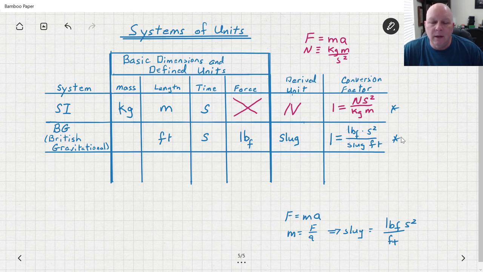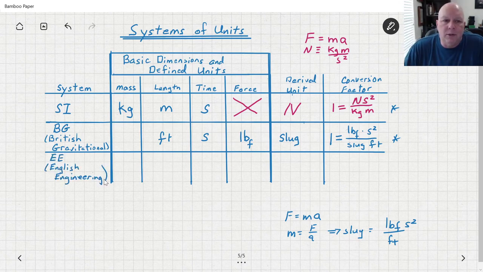Now here's the kicker. There is another English system that is common in engineering practice, especially in the US, and you need to become familiar with it. Let me lay it out for you. The English engineering system. For the English engineering system, we will take our unit associated with mass as a pound mass. Then for length, we'll use feet.